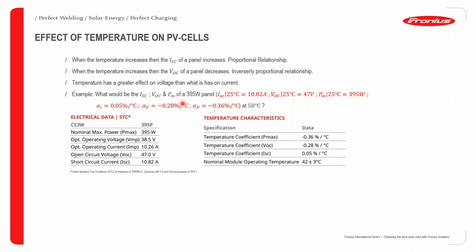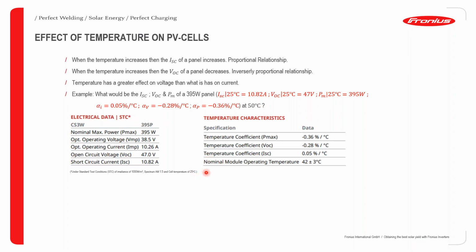In order to answer these questions, we would need the data of the short circuit current, open circuit voltage, and the maximum power at standard temperature conditions. And then we would also have to get the temperature coefficients for current, voltage, and power. So we are supposed to calculate the short circuit current, open circuit voltage, and maximum power at this particular temperature, which is 50 degrees Celsius. And mind you, the standard test condition temperature value is 25 degrees.